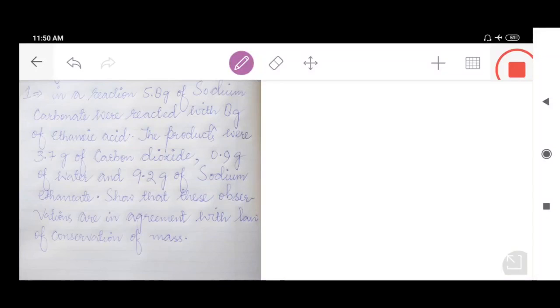Firstly, let me recapitulate what I told you in the law of conservation of mass. This law deals with the relation between the mass of the reactants and the products.